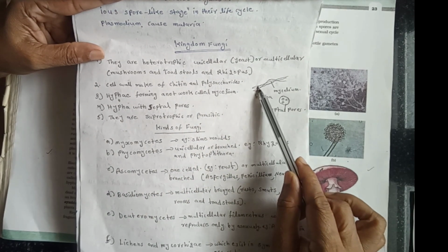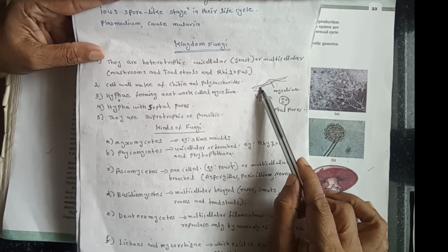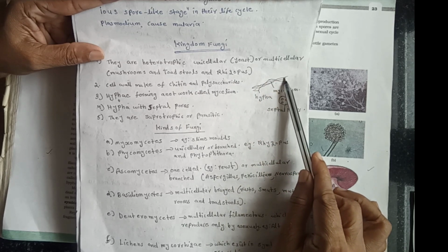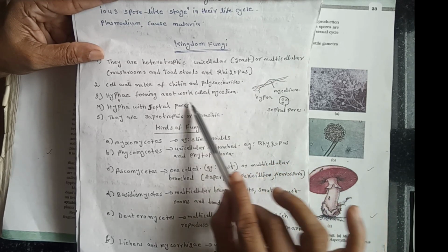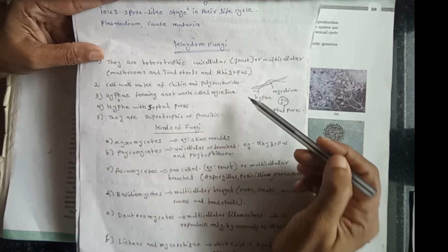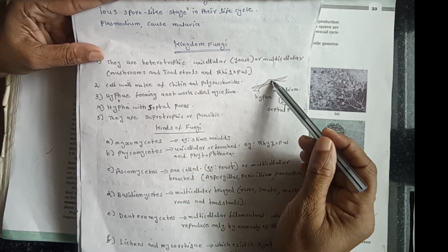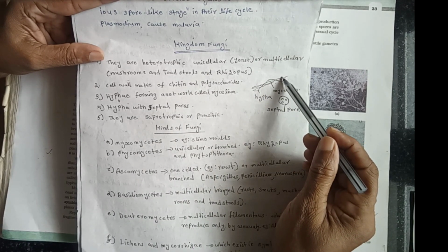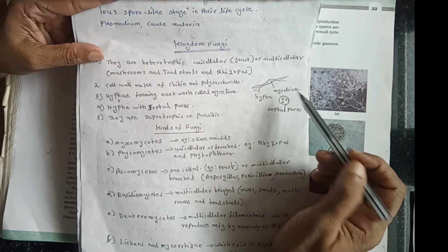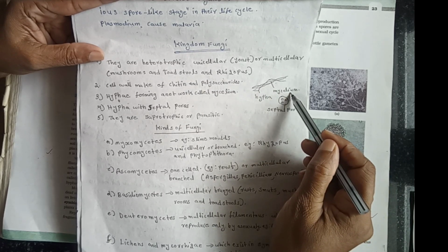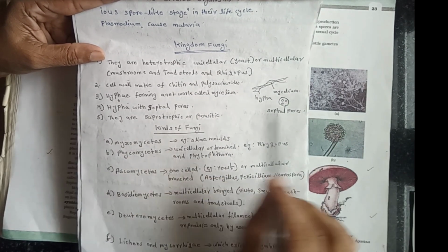Hyphae. This single thread-like structure is known as hypha. Hyphae form a network called mycelium. A number of hyphae intercoiled to form mycelia. Hyphae have septal pores.